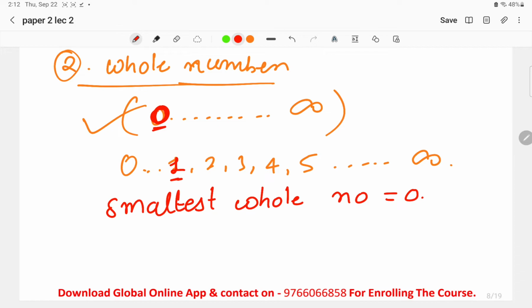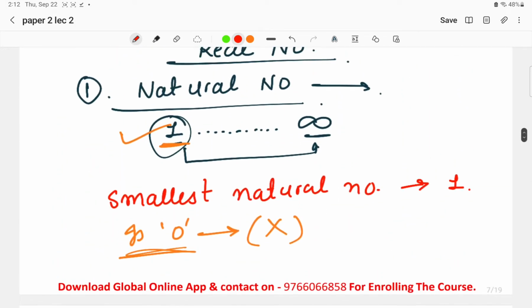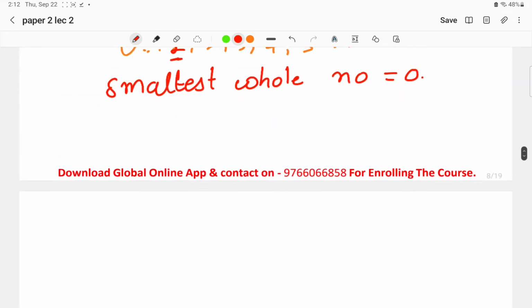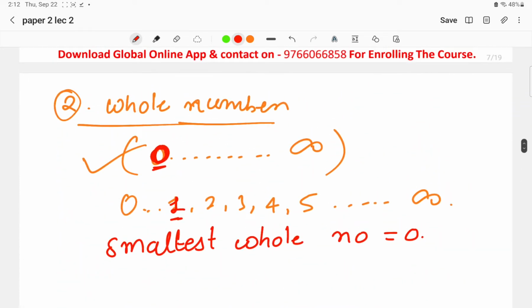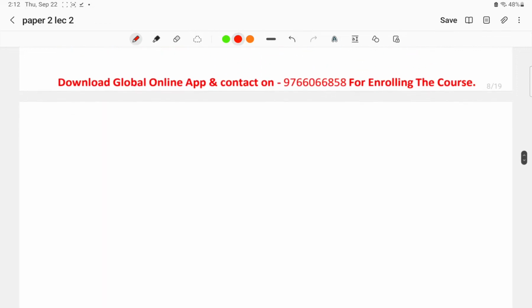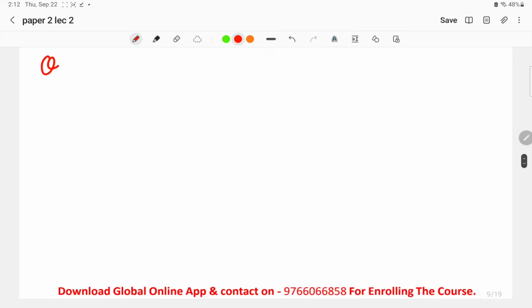Now the questions linking the natural numbers and whole numbers. For example, I think this question has been asked in paper 1. I'm not sure whether it was asked in paper 1 or paper 2, but let us deal with it. If you are going for paper 1 also, then this will be beneficial for you.